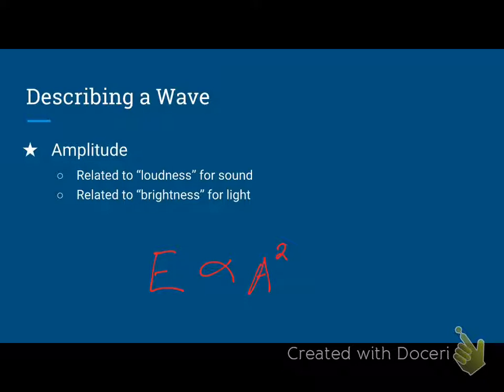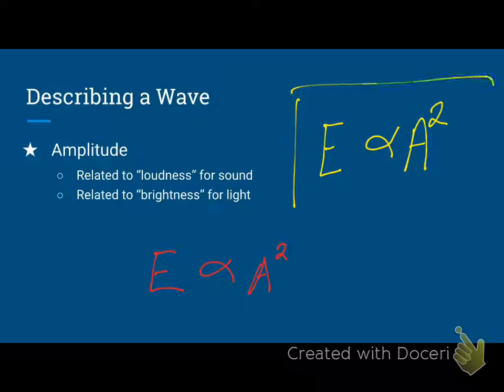The energy in a wave is proportional to the square of the amplitude, which means that if the amplitude doubles, what does that do to the energy? If we double the amplitude, how much does the energy increase by? If this number goes up by a factor of 2, how much does this number go up by?